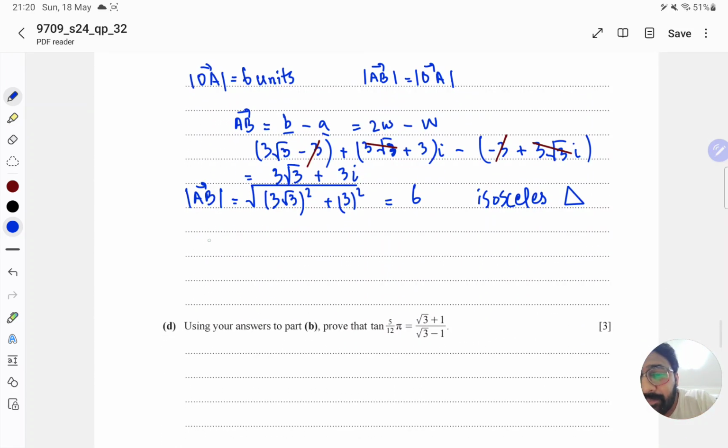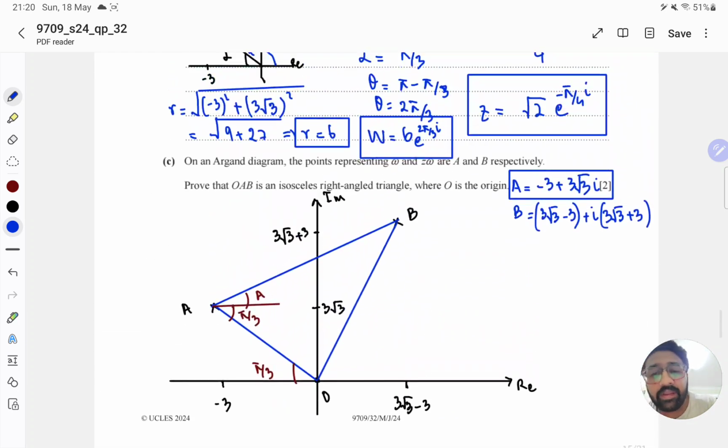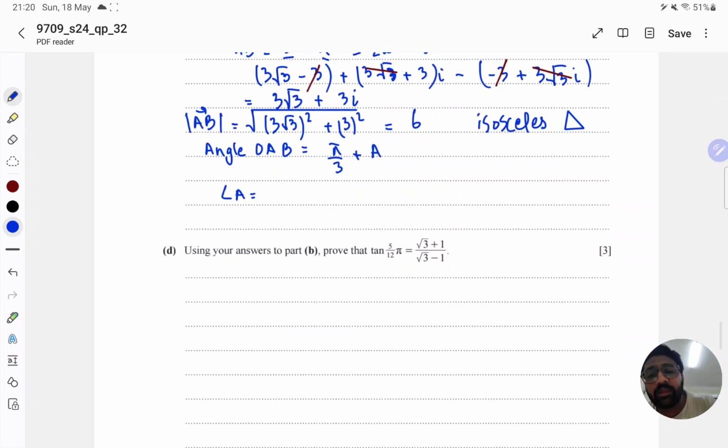Angle OAB is basically going to be pi by 3 plus the angle A. So first of all, let's find out the angle A. How can we find angle A? It is going to be the argument of AB.